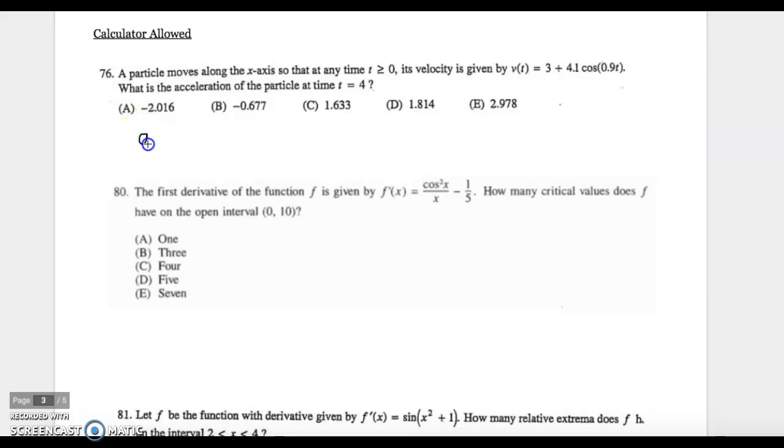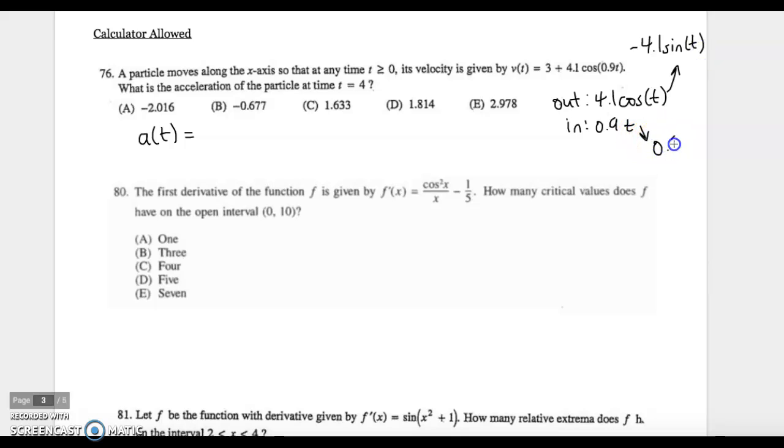So a of t will be, it looks like we've got a little bit of chain rule here. My outside function is 4.1 cosine of t. My inside function is 0.9t. Derivative of the outside would be negative 4.1 sine.